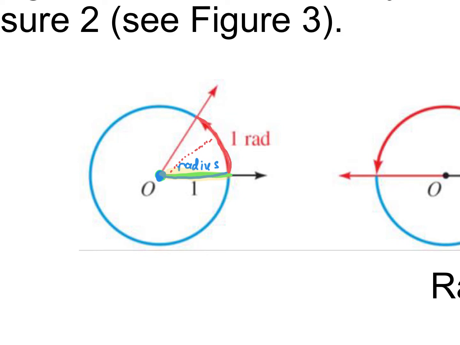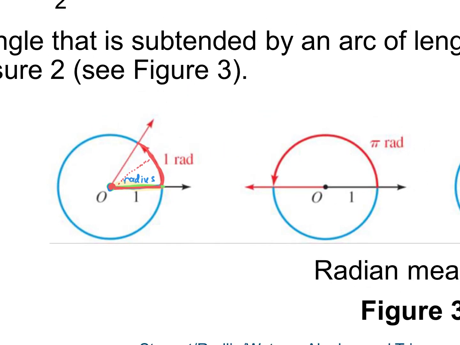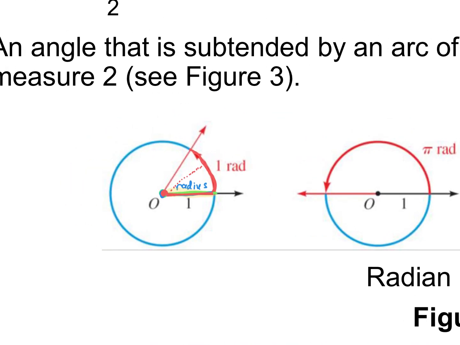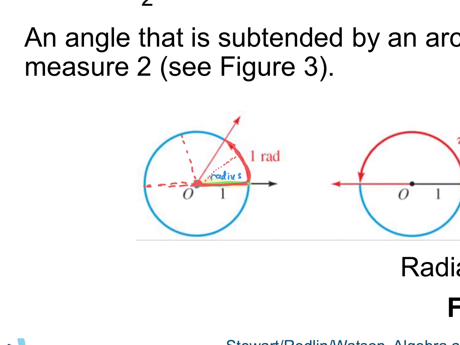One radian measure, like 1 degree, it's 1 out of 360. 1 radian, it's just a measure from the center to a point on the circle. Well, there's 6 of those around the circle. So if I have 1 radian there, and then I have 1 here, and then I have 1 here. Do you guys see how half of your circle, right?